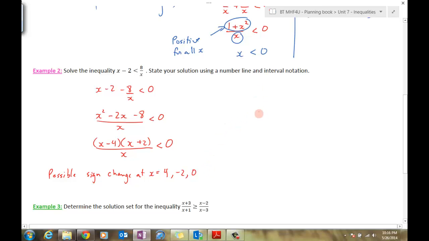And so the technique here is to lay down a number line that includes these values 4, negative 2, and 0. And we'll test some values to the left and right of them, see what's going on with this expression here. So throw 0 in the middle here.